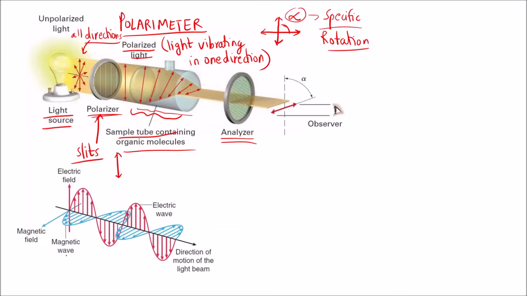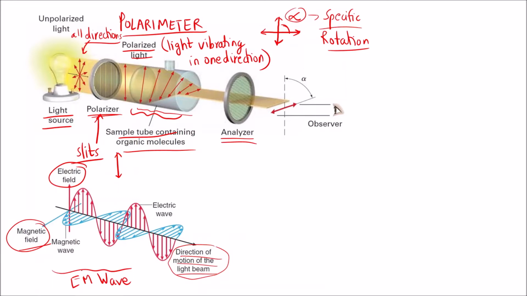This is the image of a normal electromagnetic wave, which has an electric field vector and a magnetic field vector. Both these vectors are perpendicular to each other, and the light beam travels perpendicular to both these vectors, that is the electric field vector and the magnetic field vector.